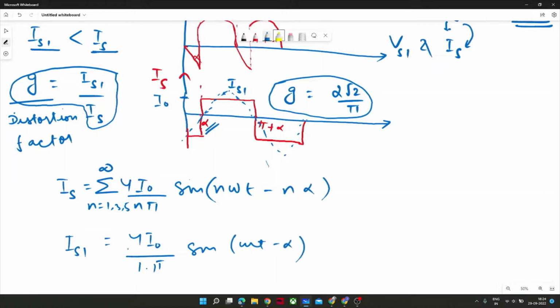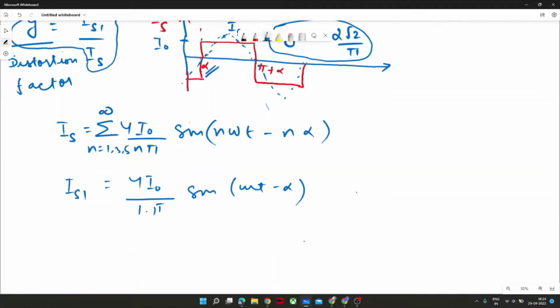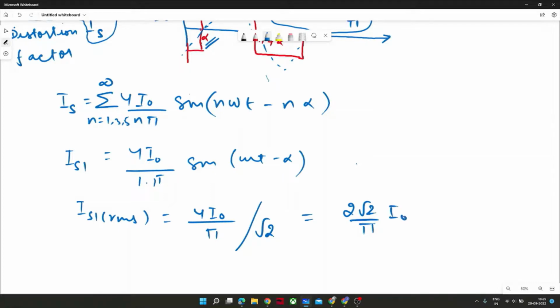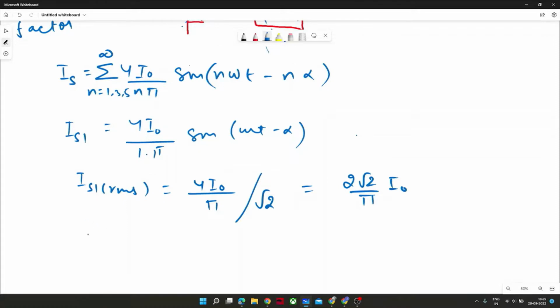If I take the RMS, IS1 RMS would be 4 I naught by pi, and for calculating RMS we will divide it by root 2. So it will come out to be 2 root 2 by pi I naught. Any doubt till this point? No. Fine, thanks. So IS1 RMS we calculated.